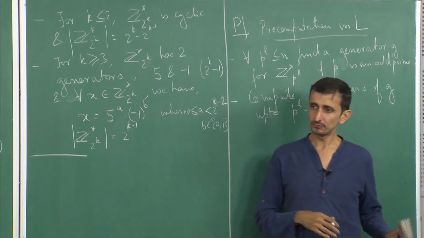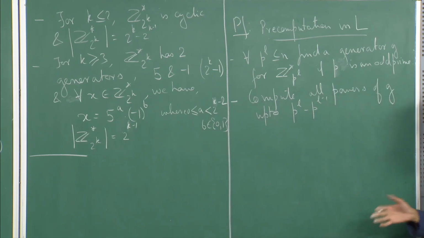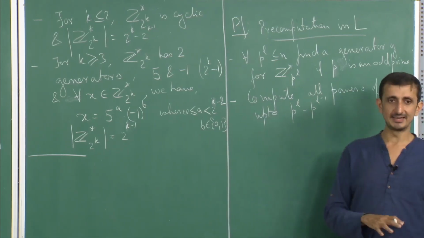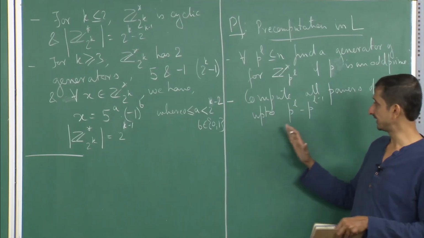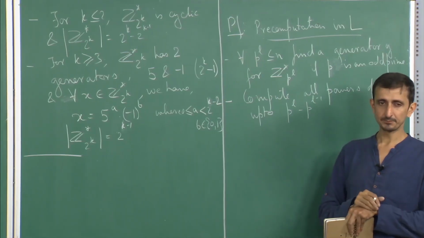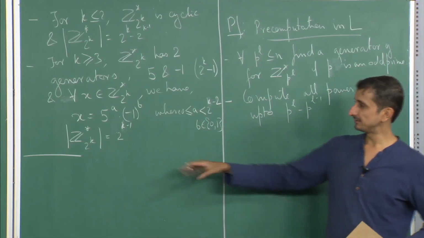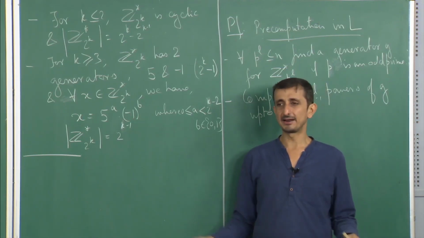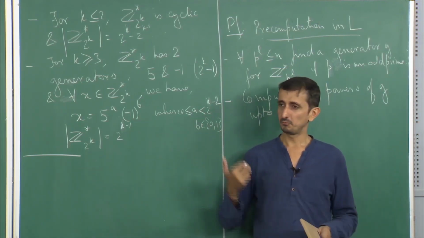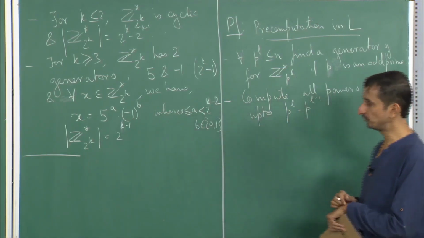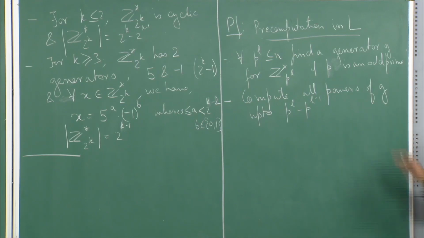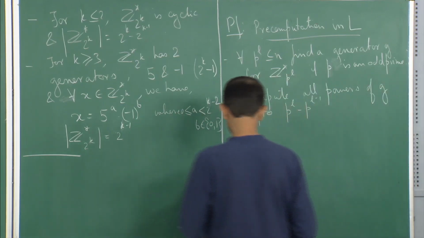For the rest of the proof, I will just assume that I am only looking at case 1. I will only be showing it for the case when p is an odd prime. The other case, when there are two generators, is analogous. If you just work it out, you should be able to get it. So let's look at only this case.